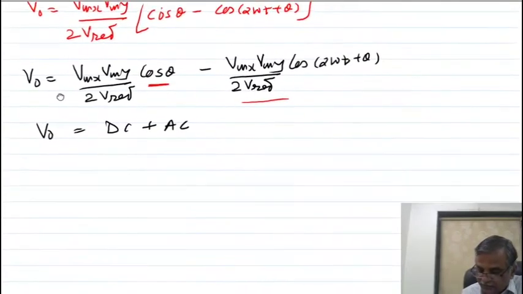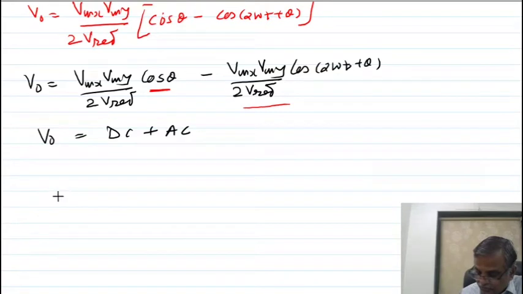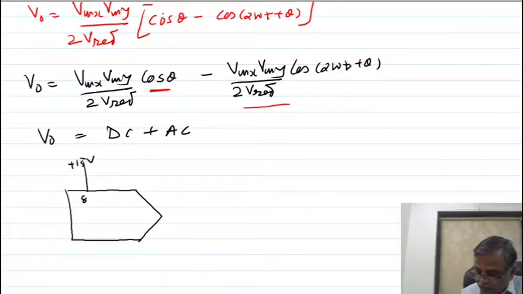Look here. This is your multiplier IC. This is your supply voltage, and this is your negative supply voltage. Pin number 6 is ground, 7 is output, and 2 and 7 are short circuited.